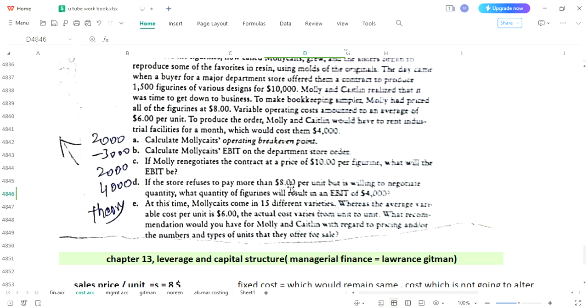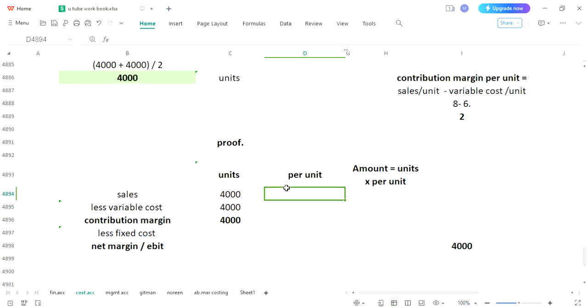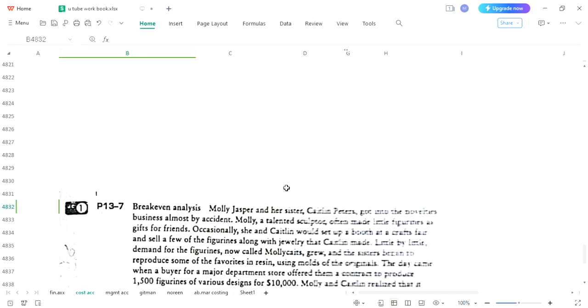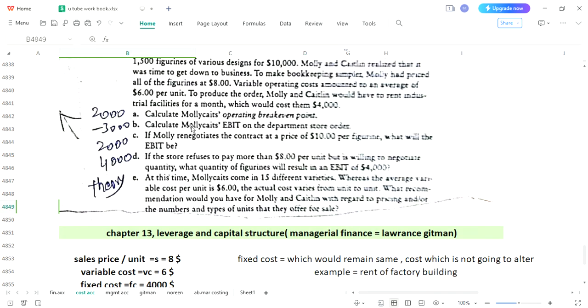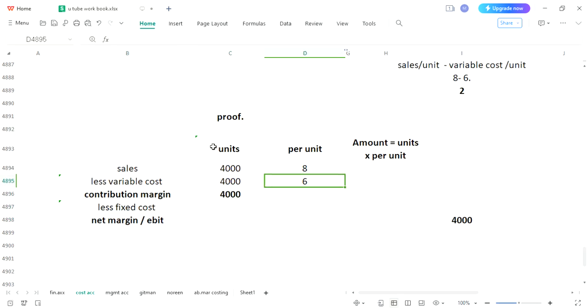This was your question. Sale price was mentioned as 8. So put 8 over here. Variable cost, as you know, that is 6. It would not be altered as in the question. This is the only variable cost which is written over here. Nothing else where we were asked to change it. So your variable cost would remain the same.